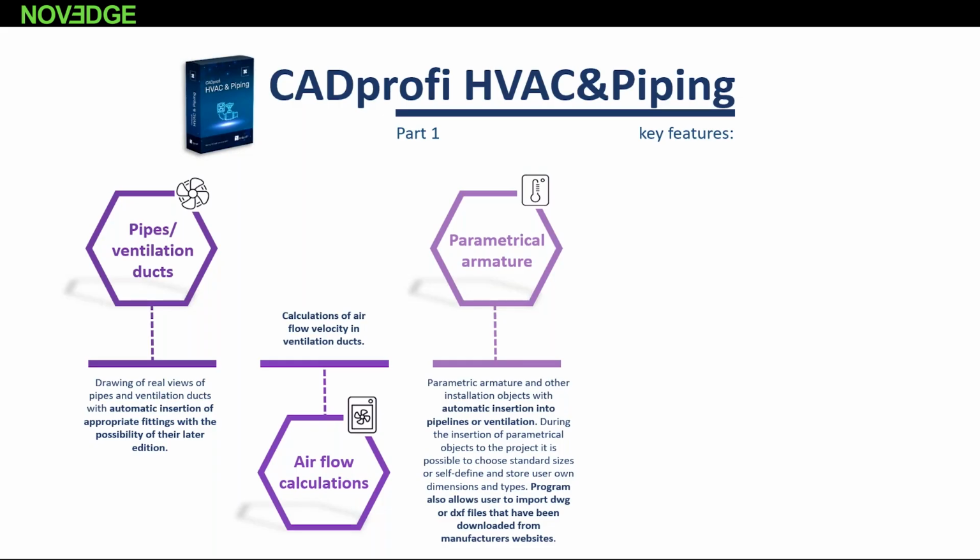Parametric armature and other installation objects are inserted automatically into pipelines or ventilation. During the insertion of parametrical objects into the project, it is possible to choose a standardized size or a self-defined one, and store user-owned dimensions and types.